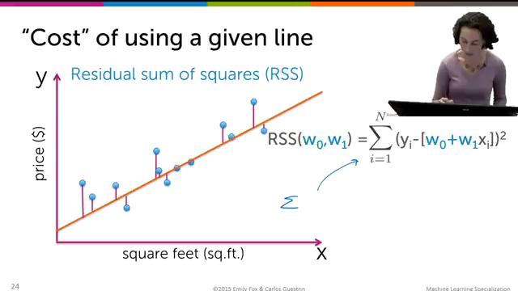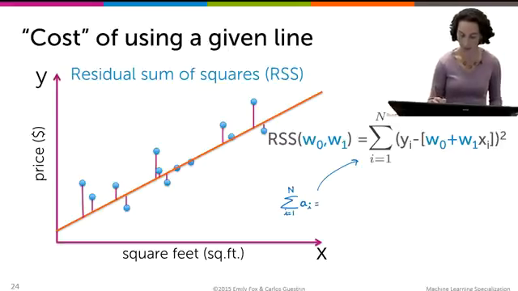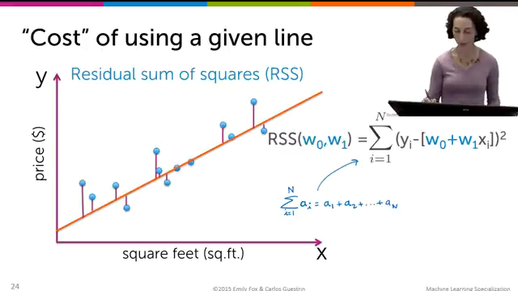What this means is if I write sigma and I write i equals 1 on the bottom of this Greek letter and a capital N at the top, then what I'm saying is I'm summing over some quantity. I'll just generically look at some quantity a_i. I'm summing a_1 plus a_2 plus all the way up to a_N. So I'm summing up N different quantities.